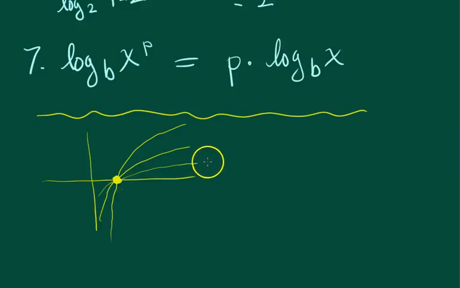We might say that this one is log base 10 of x. This one could be log base e of x. This one could be log base 2 of x. Well, to reach a certain number, you have to raise 2 to a higher power, then you have to raise 10.